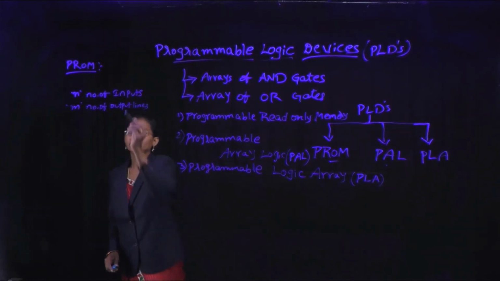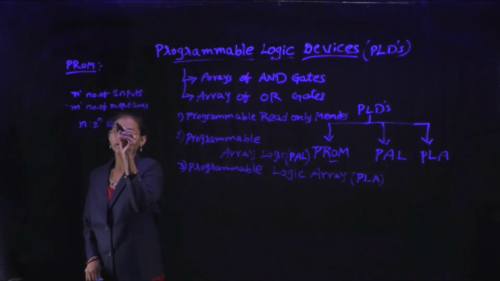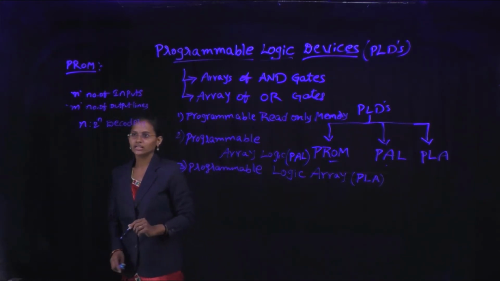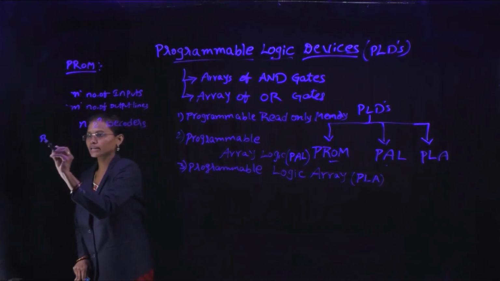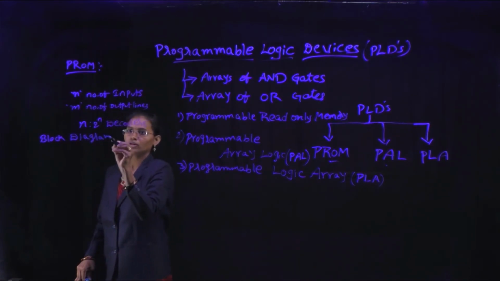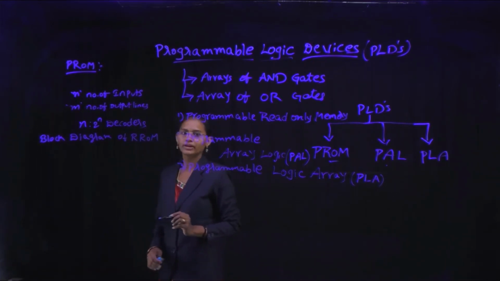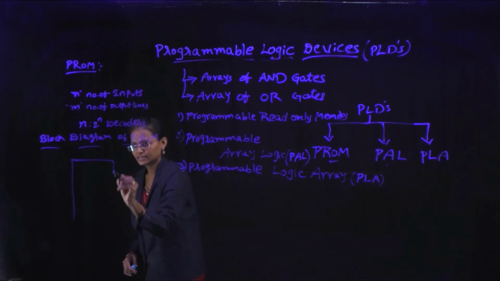Here we are using decoders, n by 2 power n. Here coming to the block diagram of PROM. This is the block diagram.